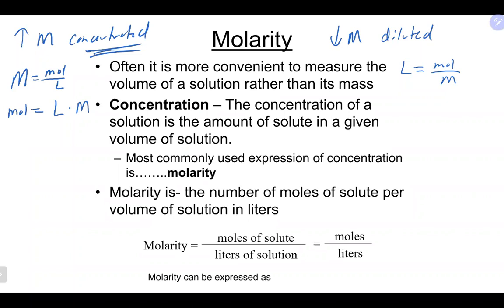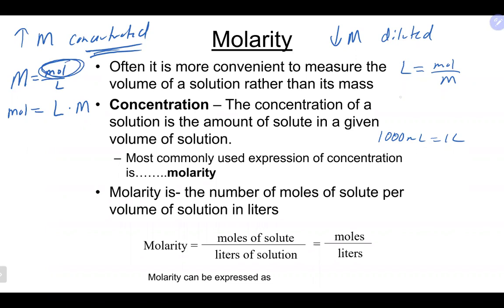A couple of important conversions that we use a lot with molarity: 1,000 milliliters is 1 liter, because very commonly we measure volume in milliliters, and you need to convert it to liters or vice versa. So that conversion is used a lot. The other thing is a lot of times we're not necessarily given moles right off the bat.